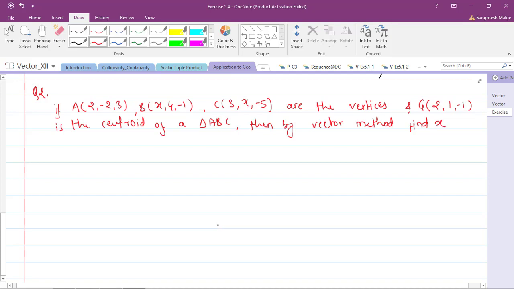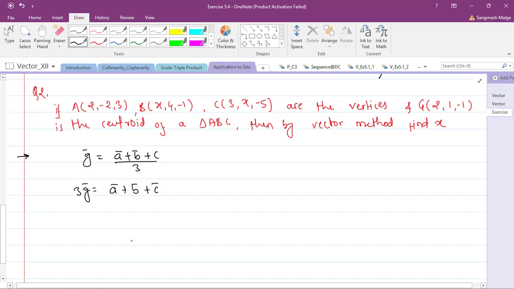The centroid is given and all three vertices are given, so very simple. You know that the centroid G bar equals A bar plus B bar plus C bar upon 3, so 3G bar equals A bar plus B bar plus C bar.